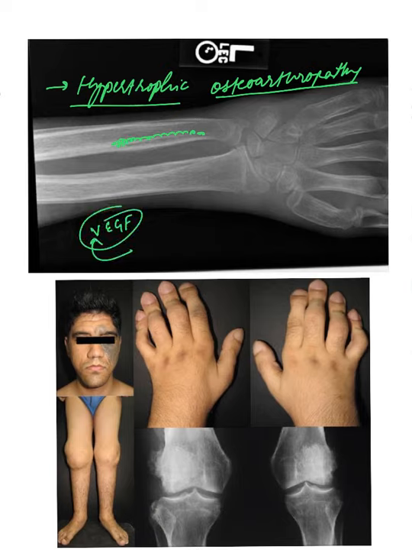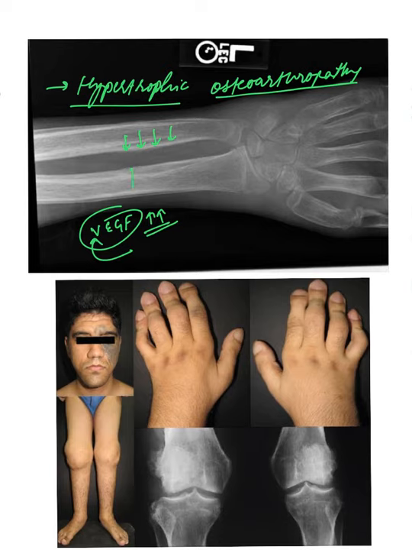Some of the tumors also produce this vascular endothelial growth factor. So whenever these growth factors are increased in the circulation, the subperiosteal connective tissue starts to proliferate, and it kind of lifts up the periosteum.